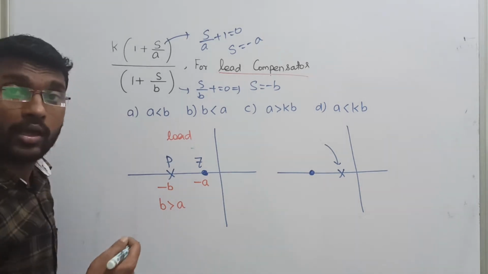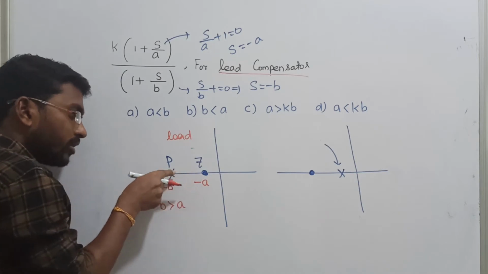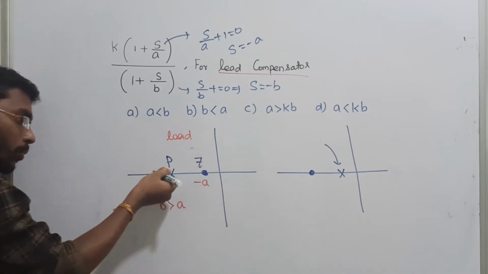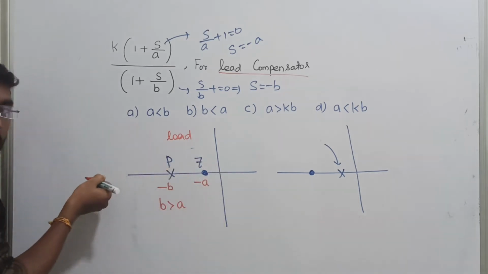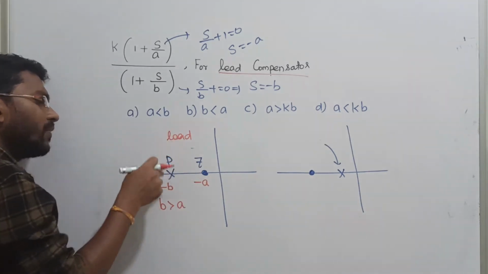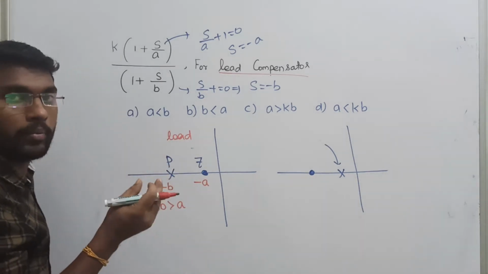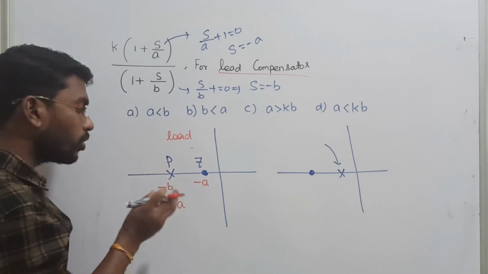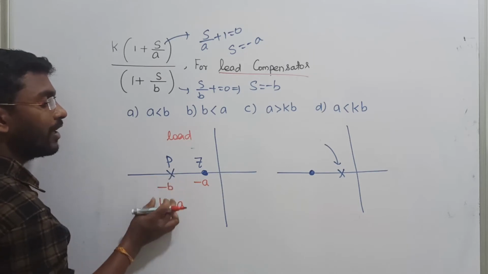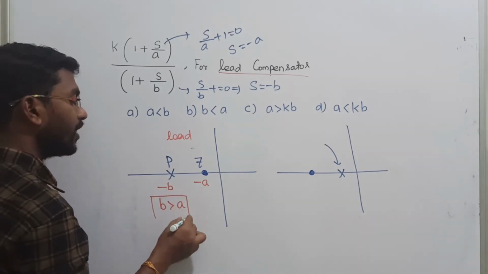Why? On the negative axis, as you go negatively your values keep on increasing, moving away from the origin. For example, if I have minus 1, the next point will be minus 1.1, minus 2, minus 3, something like that. But when taking the magnitude, just consider the magnitude and don't consider the signs, correct? So the magnitude of the pole will be greater than the magnitude of the zero, in case of a lead compensator.